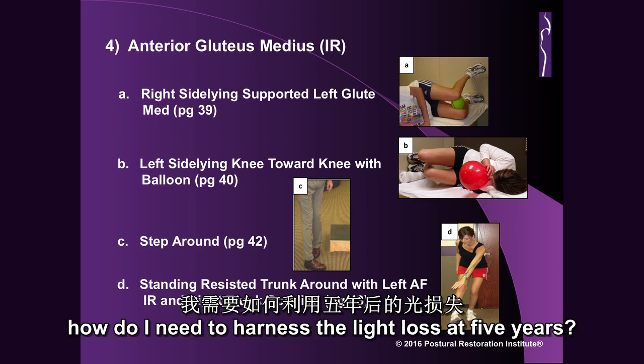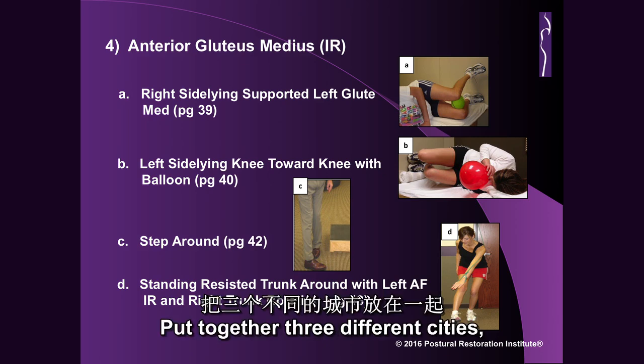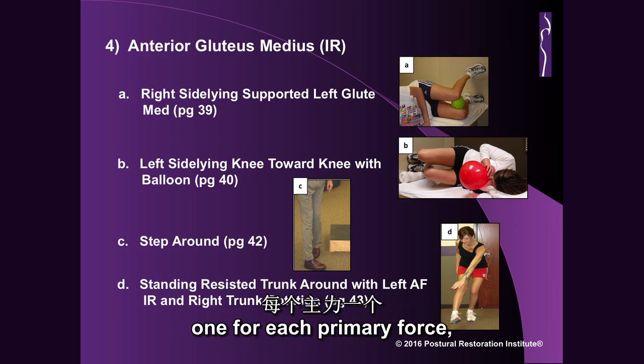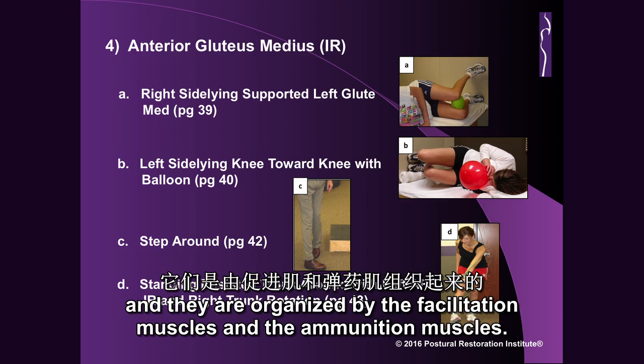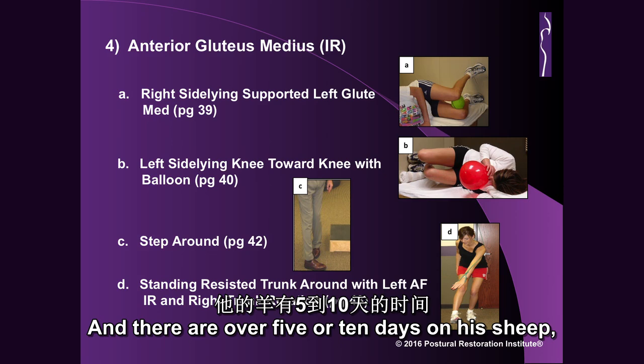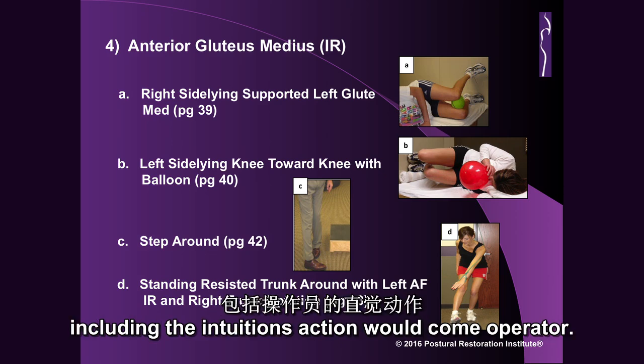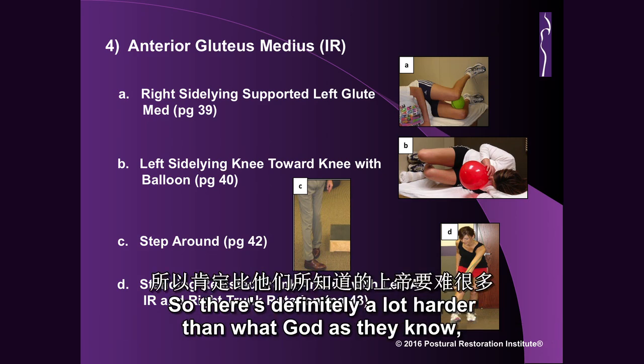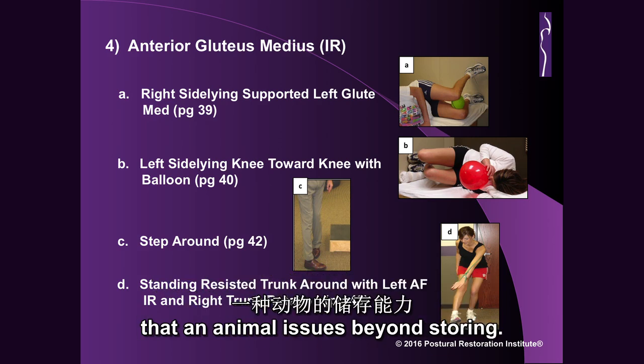But like Ron said, 5 years ago, we could put together 3 different CDs, 1 for each primary course, and they are organized by the facilitation muscles and the inhibition muscles. And there are over 500 techniques on each CD, including the integration section, which is on all 3 of them. So there's definitely a lot more than what you got in this manual, but this manual will get you beyond started.